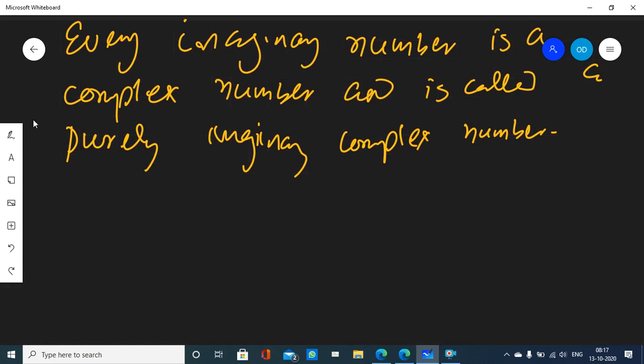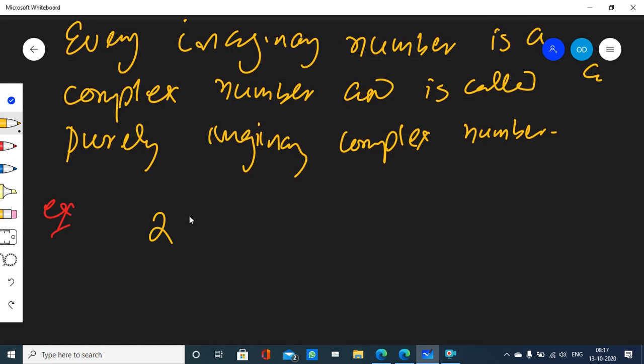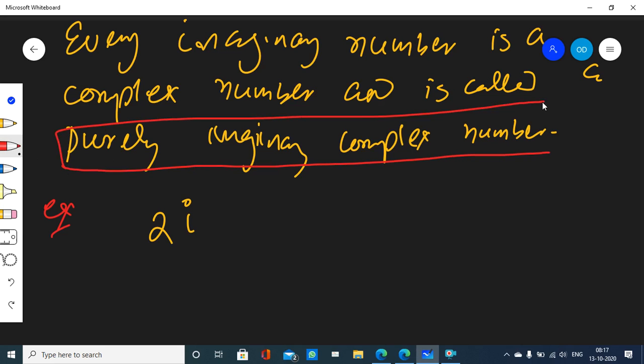Let's say there is an imaginary number, let's say 2i. 2i is an imaginary number, right? Because what does an imaginary number look like? Some real number times i. Remember, just I told you, some real number times i. This is an imaginary number. Every imaginary number is also a complex number, and we call that a purely imaginary complex number.